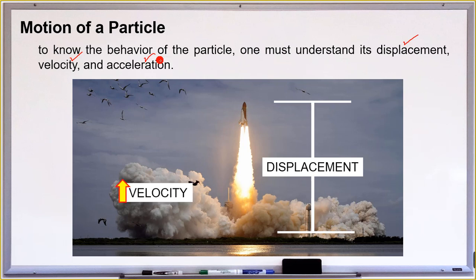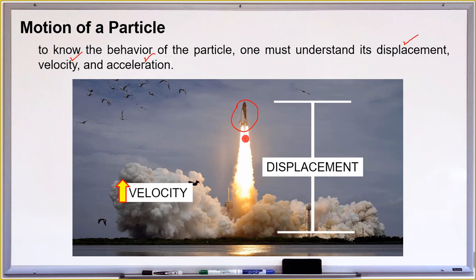Next, of course, they want to know the velocity. Now, why is velocity very important? It's because this space shuttle has a requirement. Its take-off velocity should be greater than or equal to the escape velocity of the Earth.